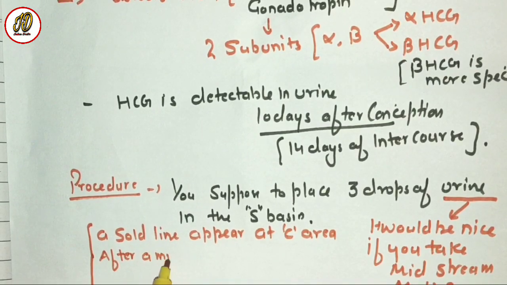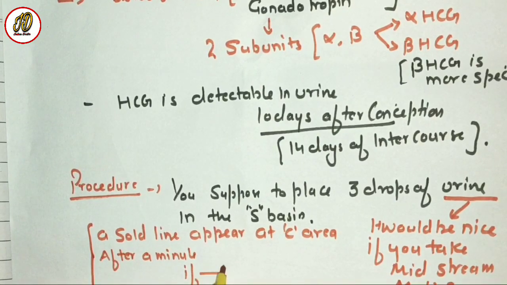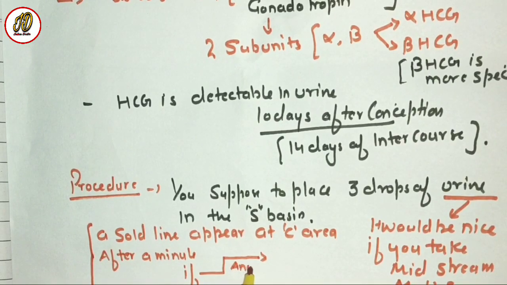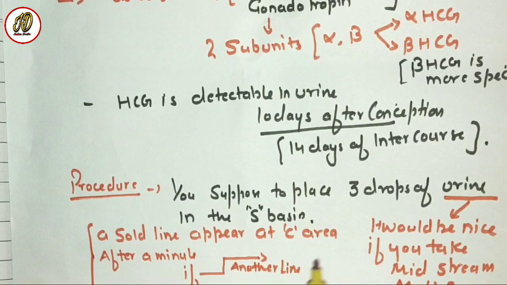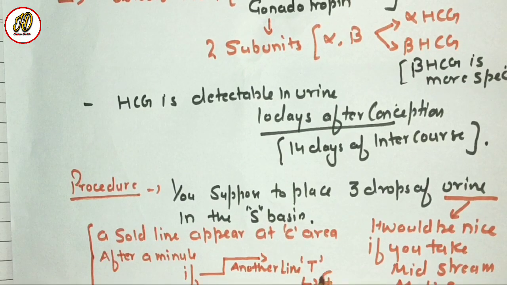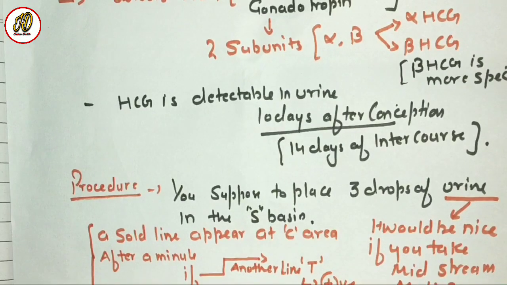After a minute, if another line appears at the T area, then the patient is pregnant. You can say the pregnancy test is positive.